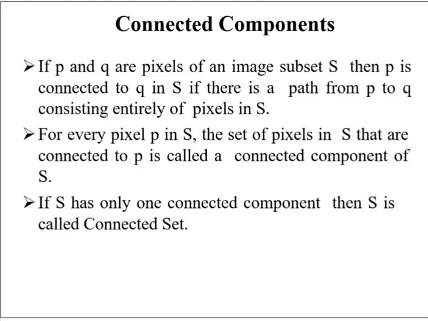The preceding definition sometimes is referred to as the inner border of the region to distinguish it from its outer border, which is the corresponding border in the background. This distinction is important in the development of border following algorithms. Such an algorithm is usually formulated to follow the outer boundary in order to guarantee that the result will form a closed path.